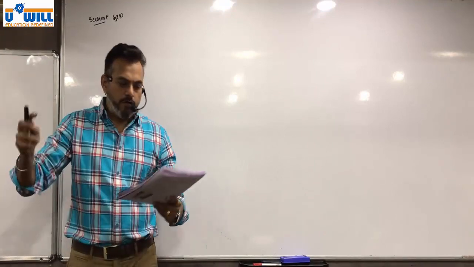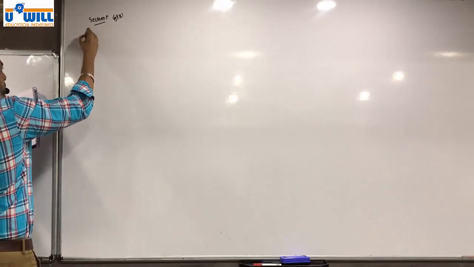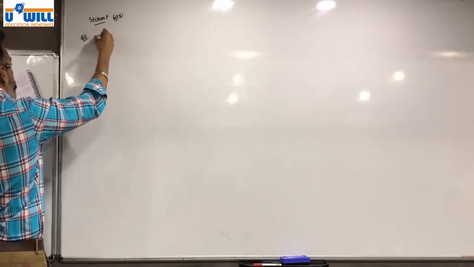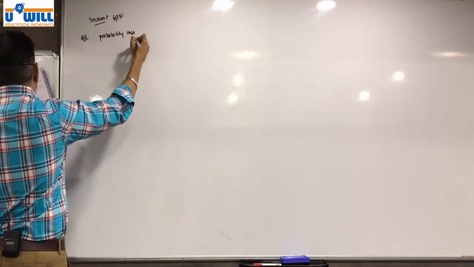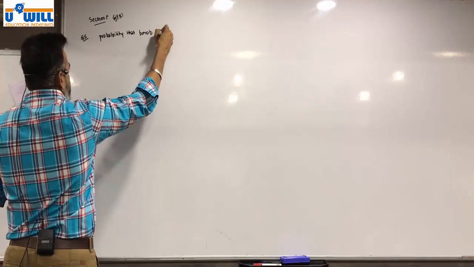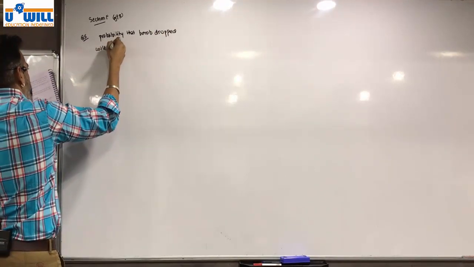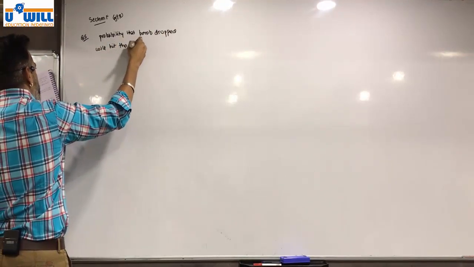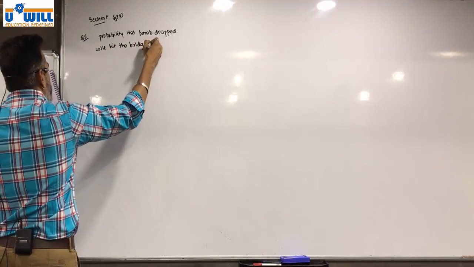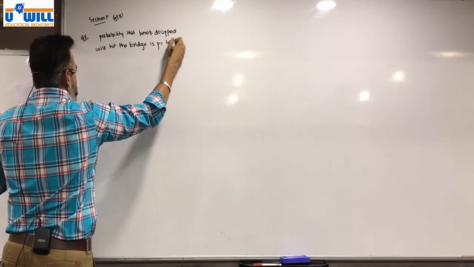Understood this? So write down question 5. Probability that bomb drop will hit the bridge is P is equal to 1 by 5.